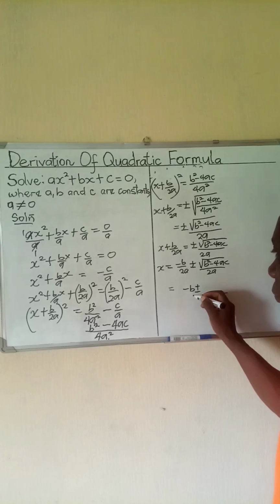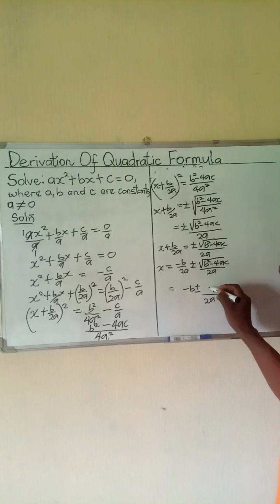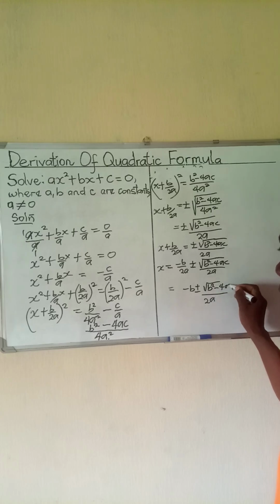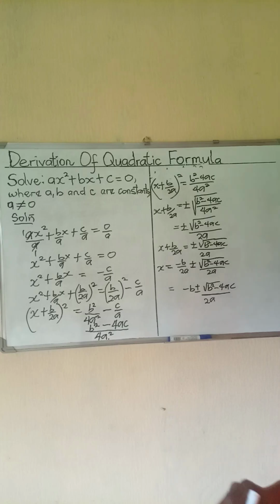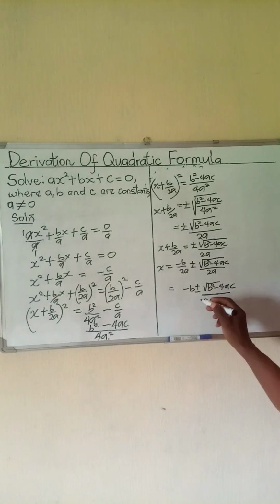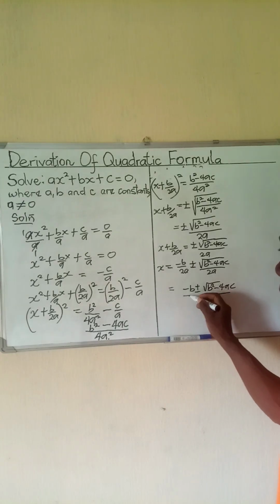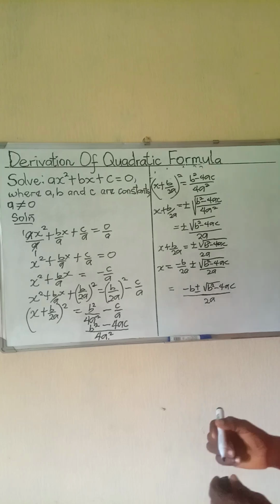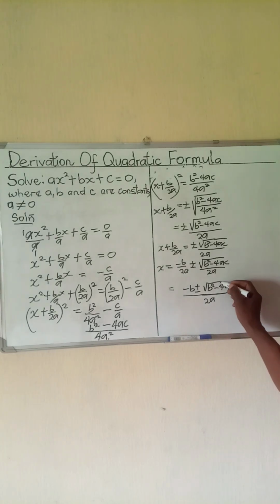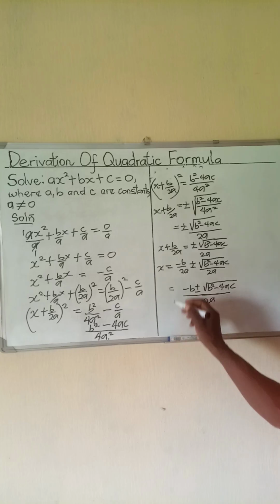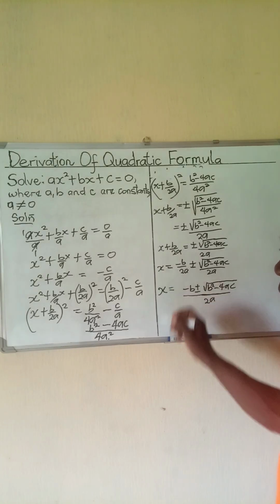Take note about that. 2a divided by 2a, that will give you 1. 1 times this, that will give you this, b squared minus 4ac. So what we have as a value in this case is minus b plus or minus square root of b squared minus 4ac all over 2a. So this will serve as a value of x.